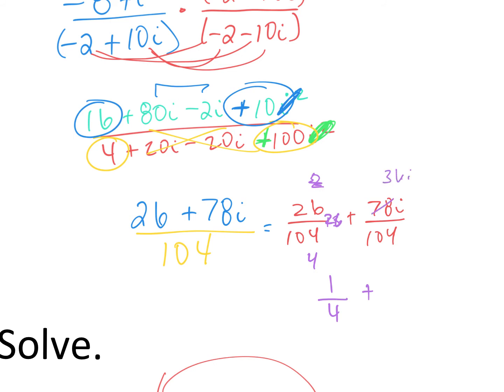What's 104 divided by 2? 52. Okay. Does 2 go in it again? Yeah? 2 again? 9i over what?